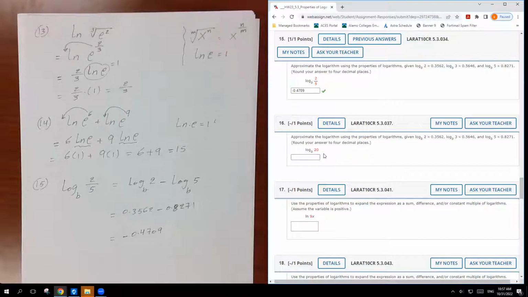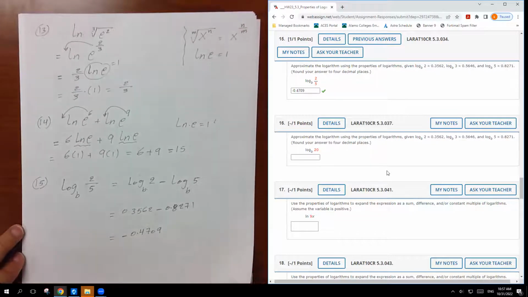You're going to do exactly the same thing with example 16. Log to the base b of 20. Wait a minute, let's do this one. Because now 20 is just a number. We can't use 2, 3, and 5 directly. So what we're going to do, we're going to use the product property.